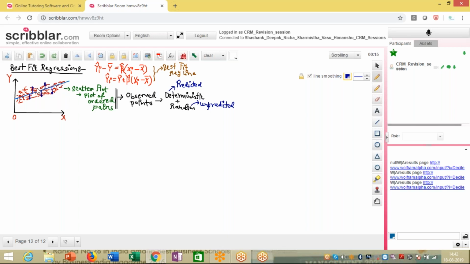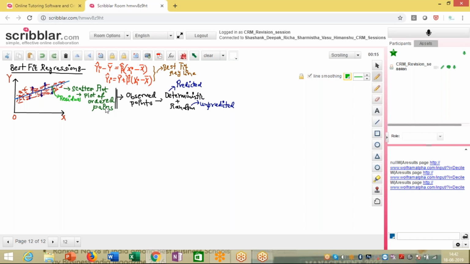Over here, I'll call this part the difference between the actual and the observed value the residual.